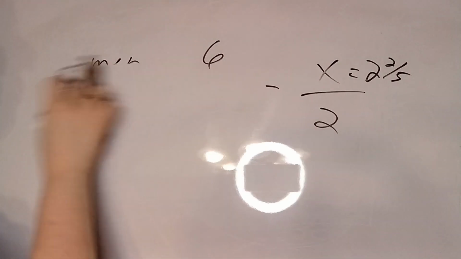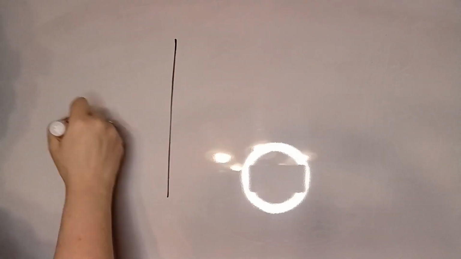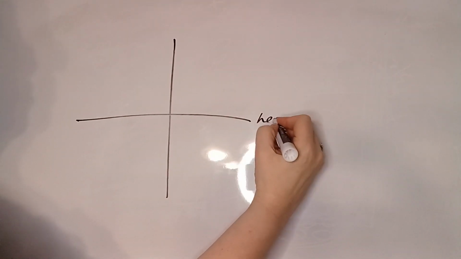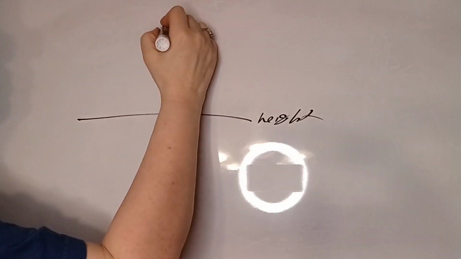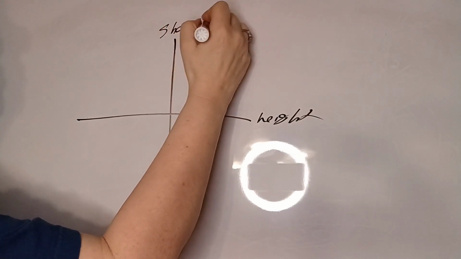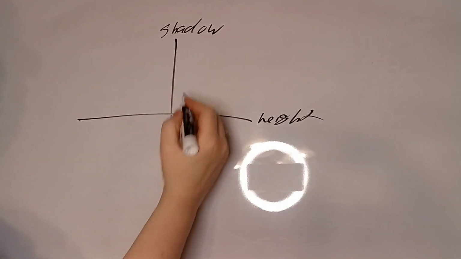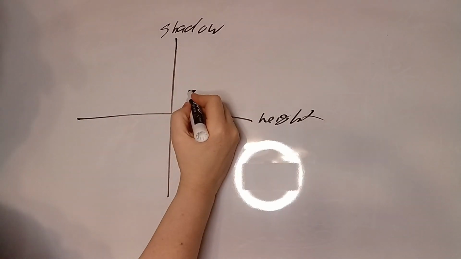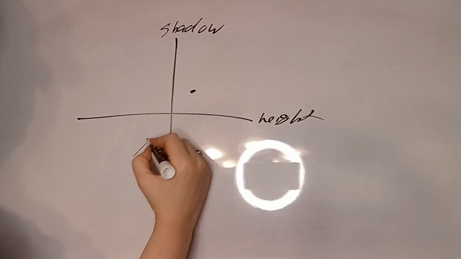When we have a ratio, we're actually drawing a line on an axis here. This is the height axis, and this is the shadow axis. The stop sign is a point here, and these will always go through the center.